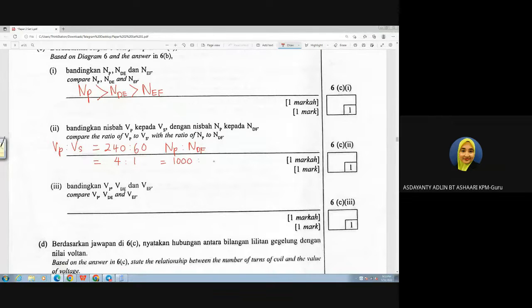Number of D to F is 200 plus 50, that is 250. Okay, so find the ratio: 1000 divided by 250, we get 4. So we get 4 also. 250 divided by 250 gives 1. Right? So you see it asks to compare the ratio. So for VP to VS it is 4 to 1, and NP to NDF we also get 4 to 1. So the ratio is the same. It only wants this: the same. We don't need to write out VP to VS and NP to NDF, but we have to calculate first before we get the ratio. So the question asks to compare, the same.